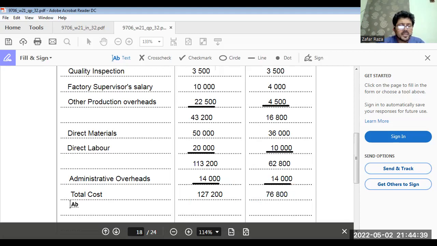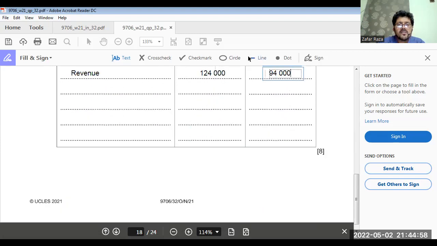Got it. What about revenues? 124,000 and 93,000. And this product is showing a loss of 3,300.